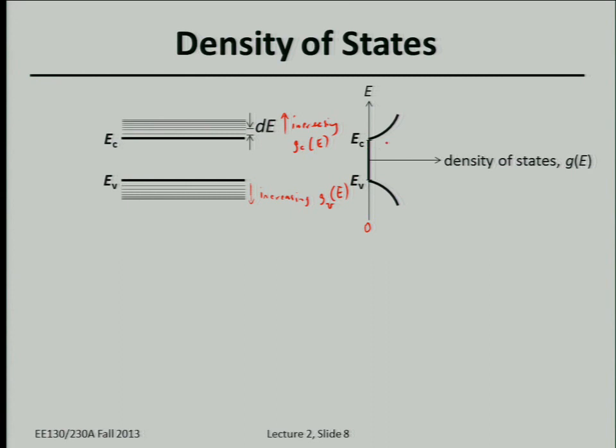But once you go into the valence band, the density of states increases, and same as you go up into the conduction band. For example, g sub C is proportional to the square root of E minus EC. So as you go to higher energy levels within the conduction band, you have more density of states. Same thing for g sub V, proportional to the square root of EV minus E.